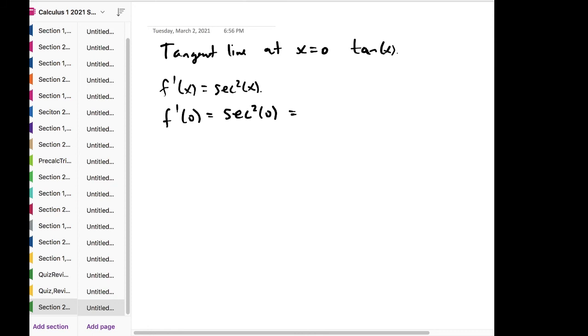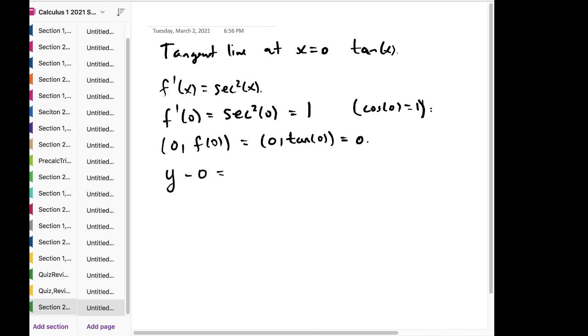It's 1, right? Because cosine of 0 is equal to 1. Okay, so I need the point 0, f of 0. What is f of 0? What is tangent of 0? 0. So something weird happens at 0. It's not y equals 0. Y equals x. That's pretty cool about tangent.